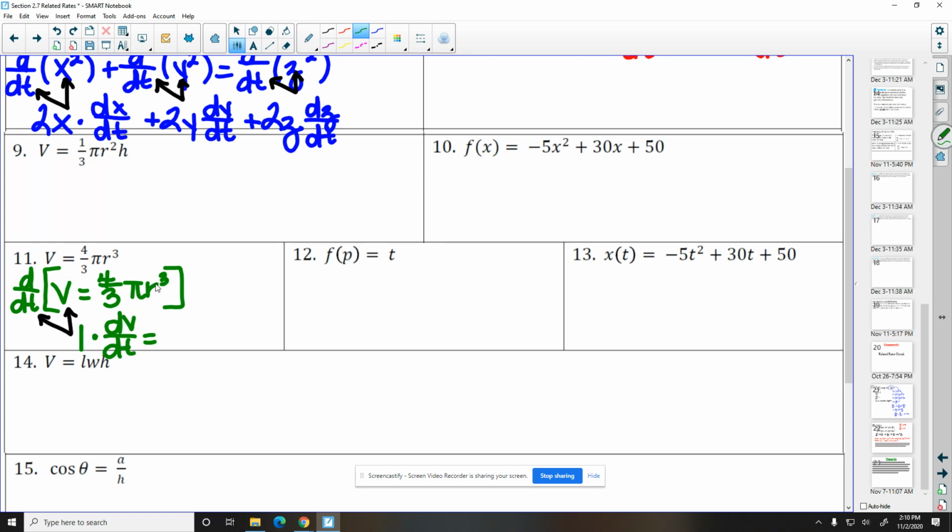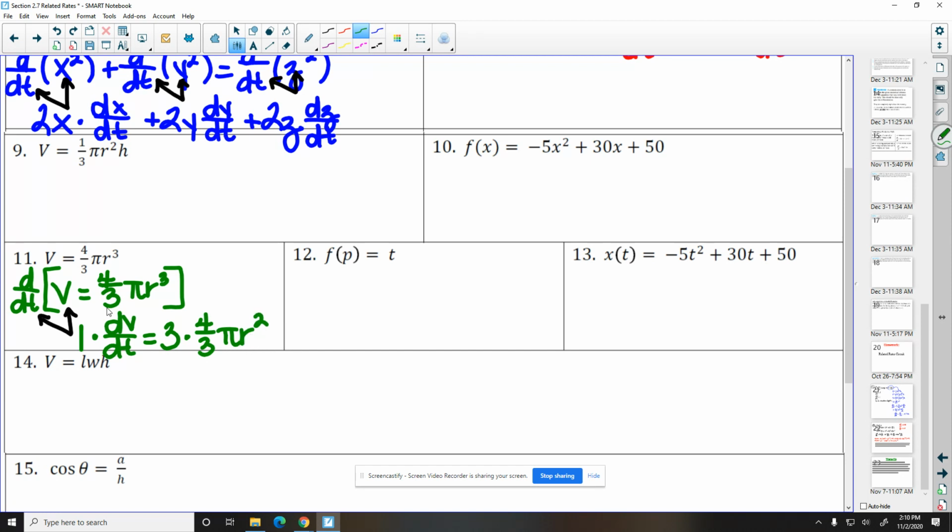And then over here on the right side, r is your variable, which is not the same as the command. So we're going to take the derivative of all of this first and then do our implicit step. So r is my variable, so I'm going to do power rule. It means take the power to the front and multiply. So 3 times 4/3 pi, and then subtract 1 from your power and you get r squared.